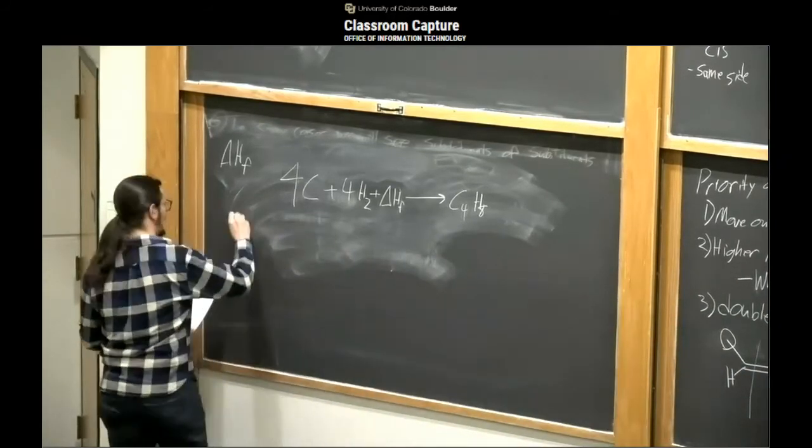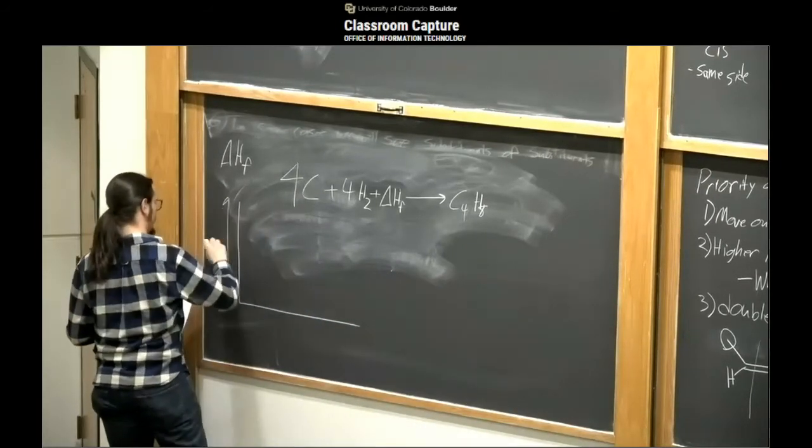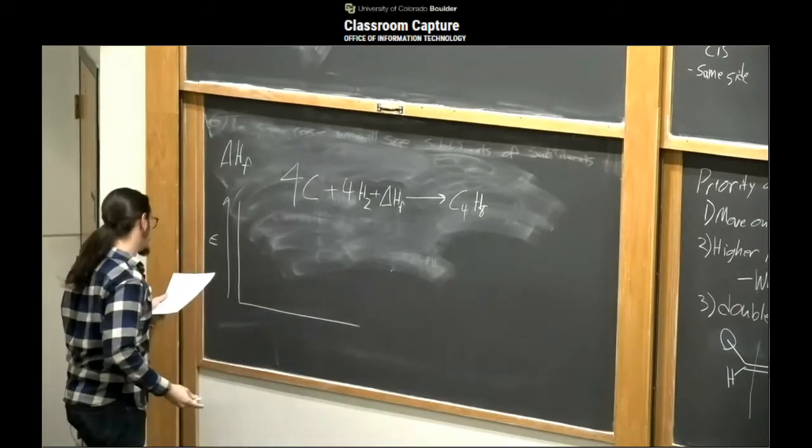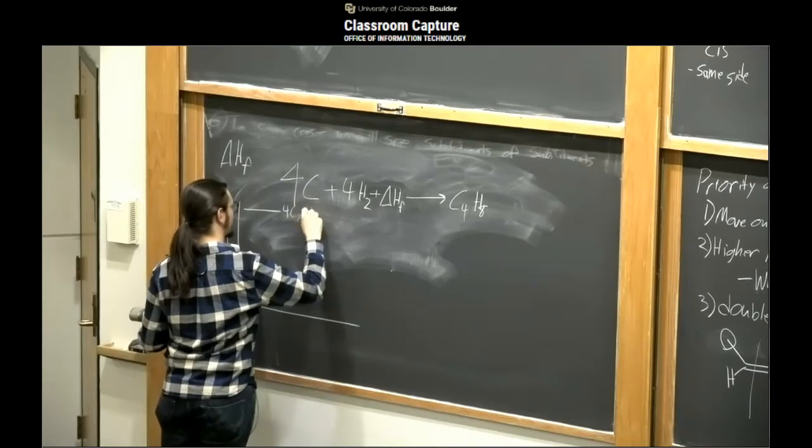So for example, where the y-axis is energy, we have our 4C and 4H2.